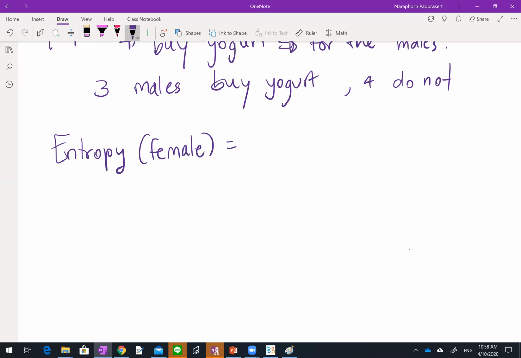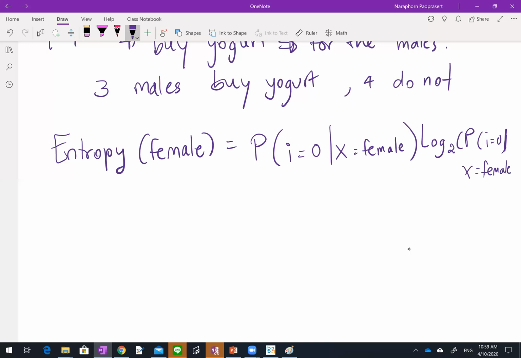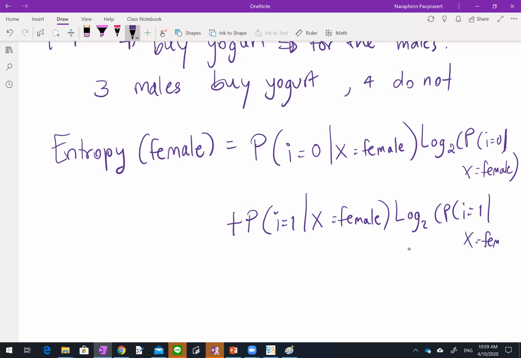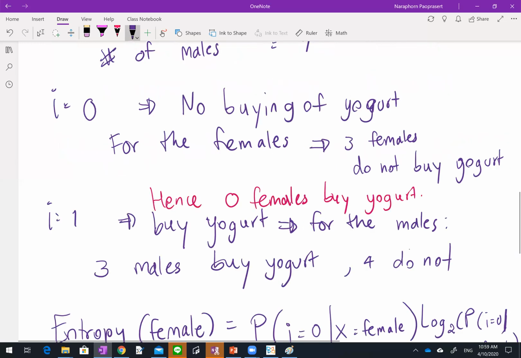This is p(i = 0 | x = female) times log 2 of p(i = 0 | x = female), plus p(i = 1 | x = female) times log 2 of p(i = 1 | x = female). Here i is 0 means no buying of yogurt.